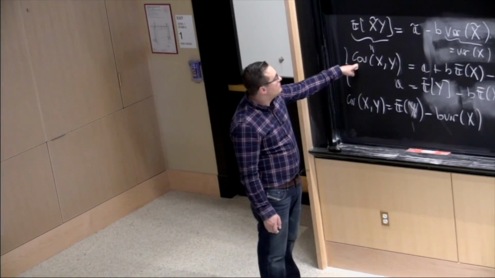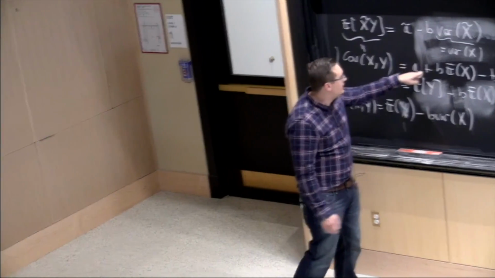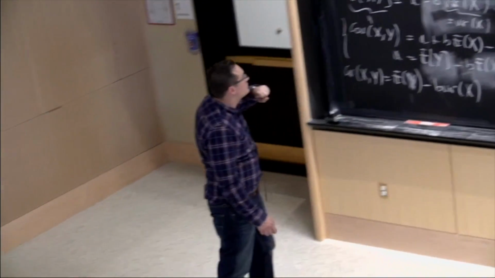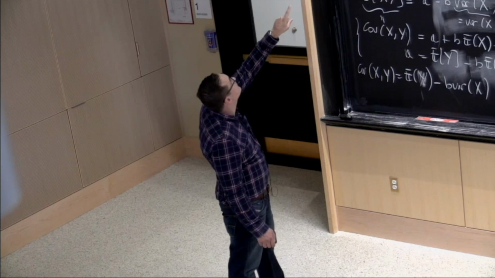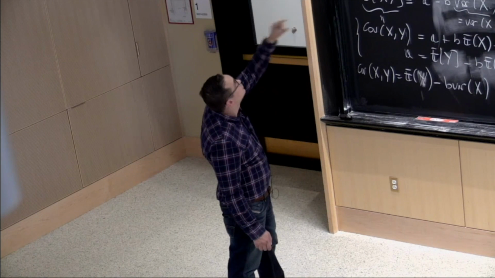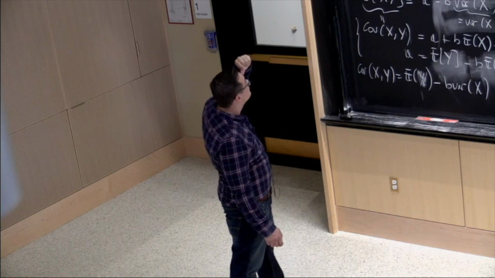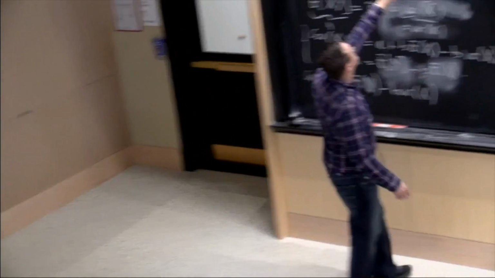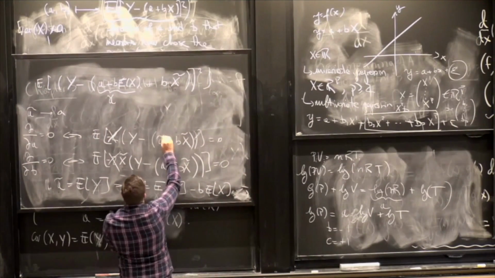OK, so I get A, and then the B expectation? OK, so that's probably earlier that I made a mistake. So this was A tilde.